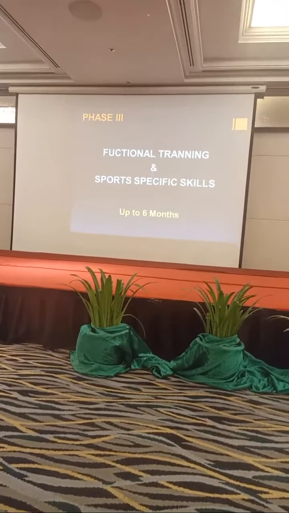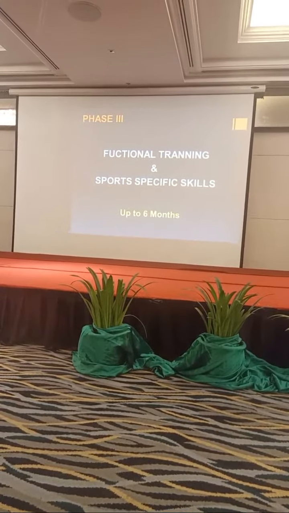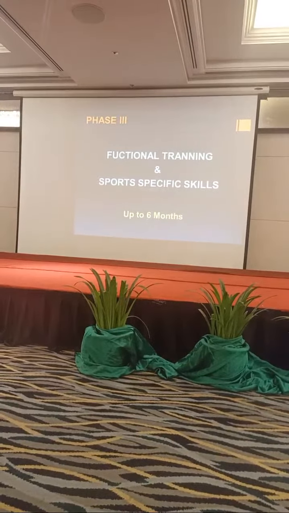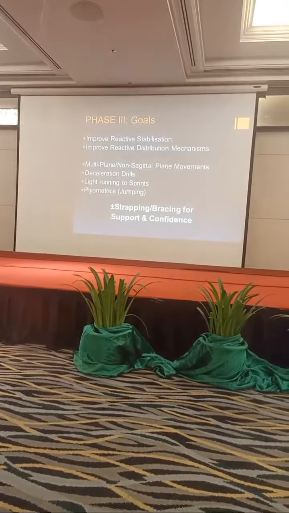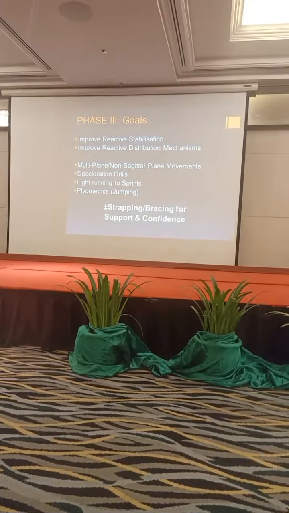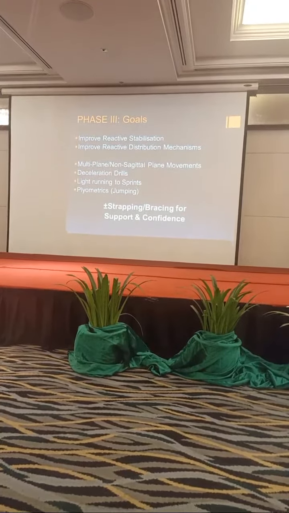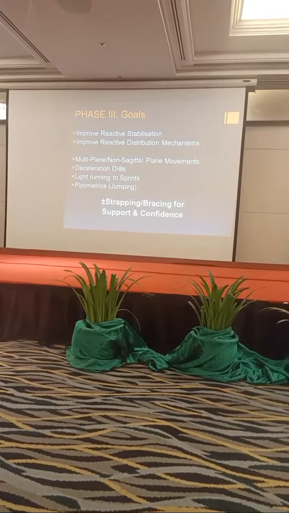Right? You're trying to get the body to be able to do these 2 things. And this is the phase for you to do it. So you're not talking about kinematics anymore, because by then you should have sorted it out. Okay? So, that's what I just said now. Improve reactive stabilization and reactive distribution mechanism. These are the 2 main aims. Okay?